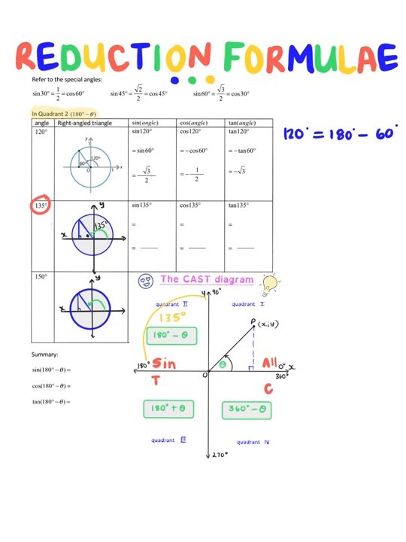If I take 135, how can I rewrite it as 180 minus something? 180 minus an acute-sized angle must be equivalent to 135, and obviously that then must be 45 degrees, right? 180 minus 45, well, that is 135 degrees.